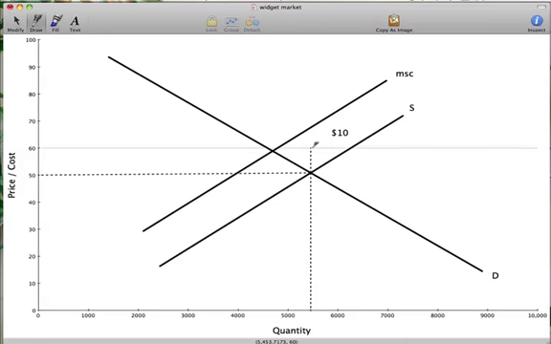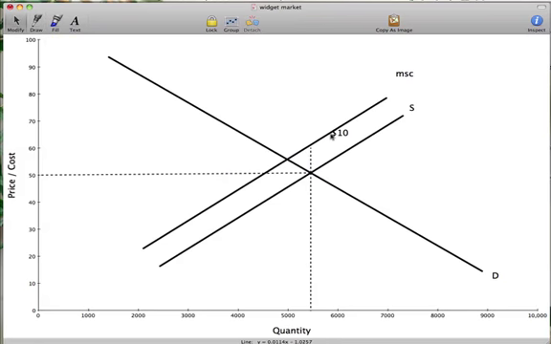So at a quantity of 5,500, the marginal social cost curve is at a price of $60. And if we were lower here on the supply curve, we would simply shift it up vertically by $10, or higher here on the supply curve, we shift it up by $10.